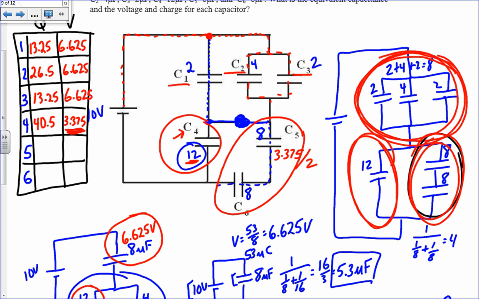Since they're identical, they split that voltage equally. So 3.375 volts divided by 2, which is 1.69. We'll call it 1.69 volts.